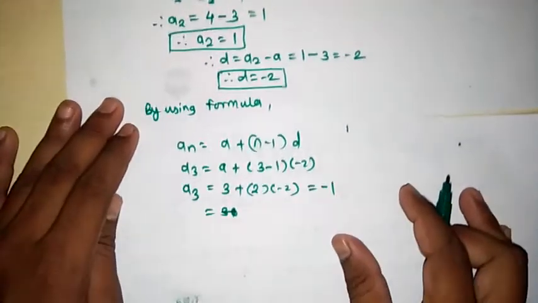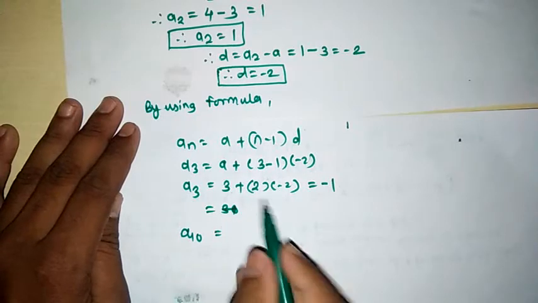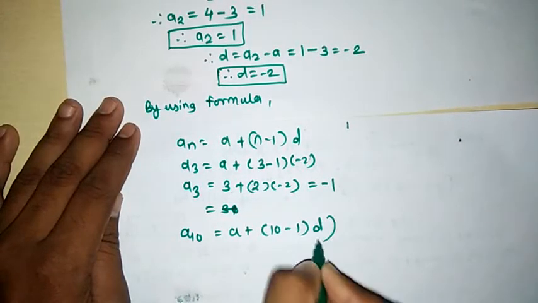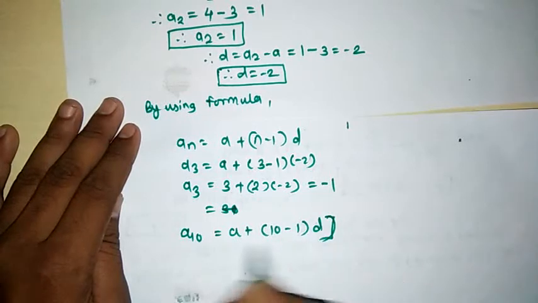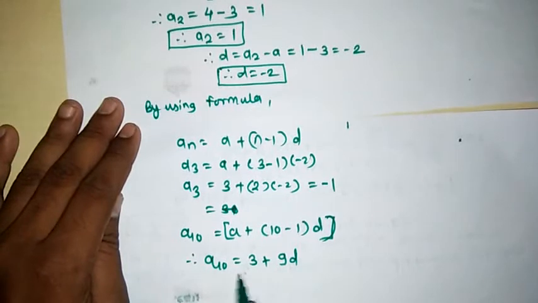And also we have to find a10. I will solve here. See here, what is the value of A10? That is the 10th term. Similarly, instead of n, we have to write 10 minus 1 into d. Therefore, A10 is equal to, what is the first term here? First term is 3. 10 minus 1 is 9 into d. What is the value of d?